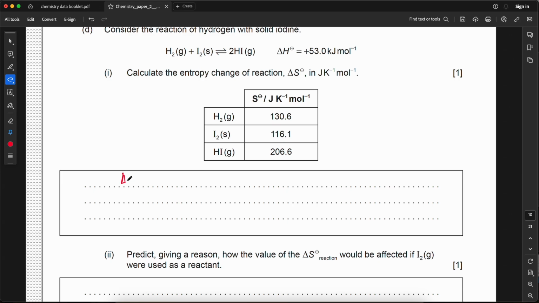That would be product minus reactant. So the product is 2HI. So 2 times 206.6 minus reactant H2, that would be 130.6, plus I2, 116.1. Then you will get 166.5 J per K mol.